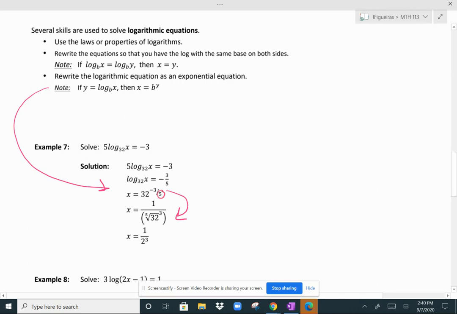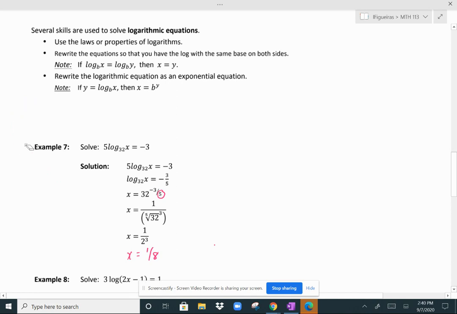The denominator here means that it's the fifth root of 32 to the third power. The fifth root of 32 is 2, because 2 to the fifth power equals 32. But then I have to cube that. So your final answer will be x equal to 1/8.